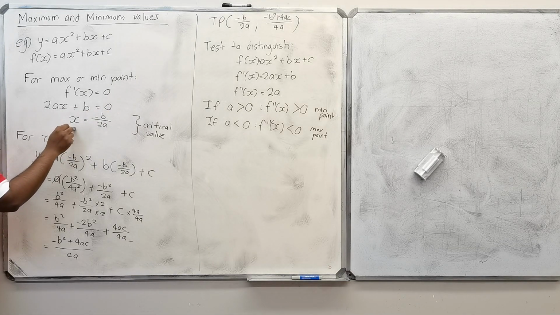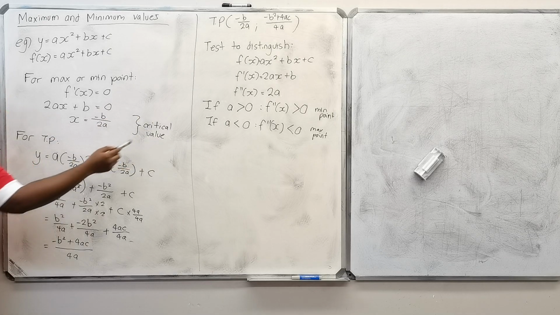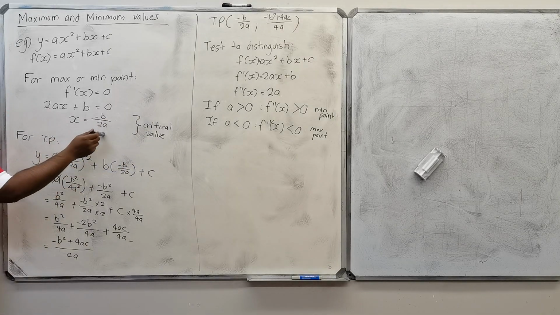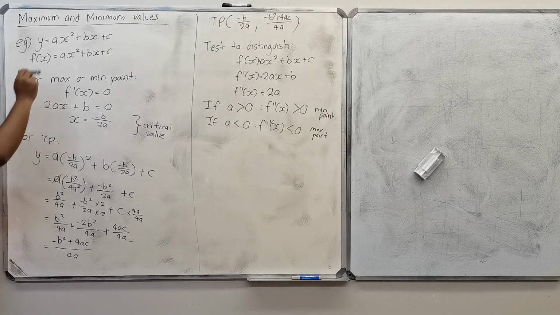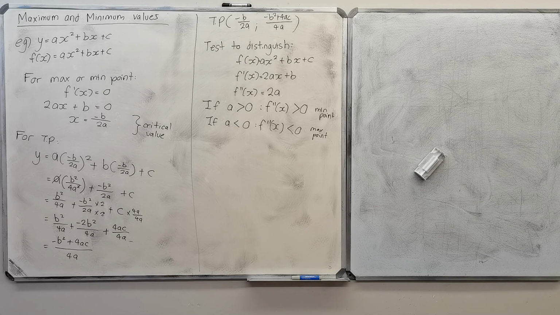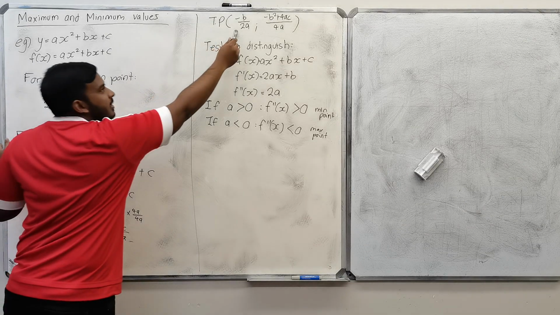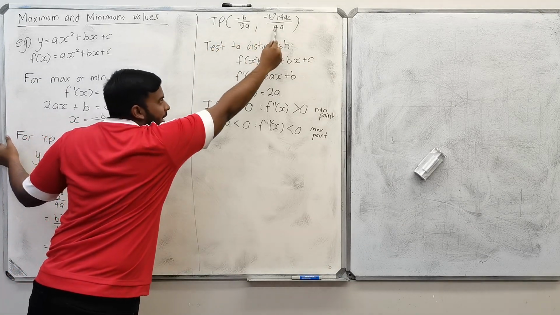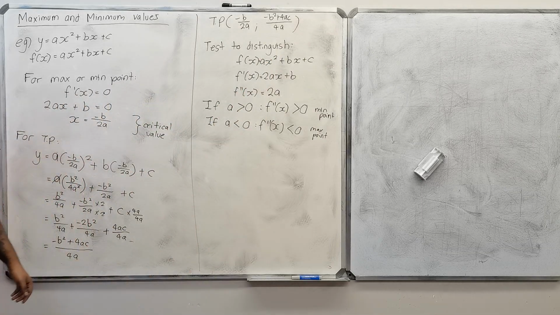When I solved for my value of x, I obtained my critical value. Using my critical value and substituting it back into my original equation, I get the y value for my turning point. And my turning point is that critical value and that y value I calculated. Okay? So I obtained the turning point of this graph.